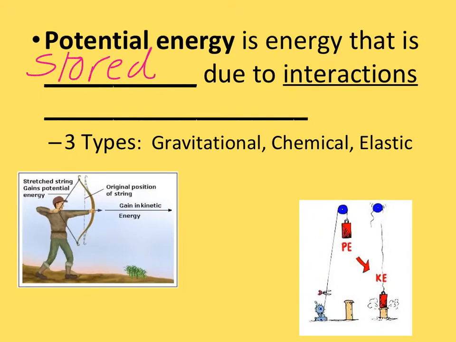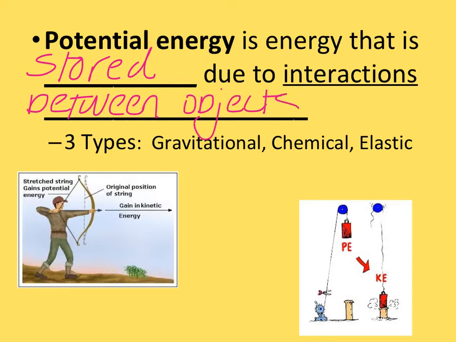It's got energy stored within it, and typically that energy is stored due to the interactions between two objects. So potential energy is energy that's stored due to interactions between objects.